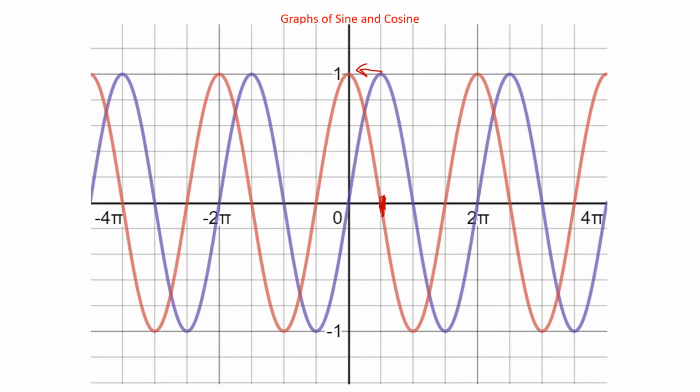So a horizontal shift, sine of x, then we have to go left, so plus pi over 2 equals cosine of x. Or we could go the other way. Cosine of x minus, because we have to go to the right, pi over 2 equals sine of x. So we can go back and forth between them. They're just a horizontal translation of each other.